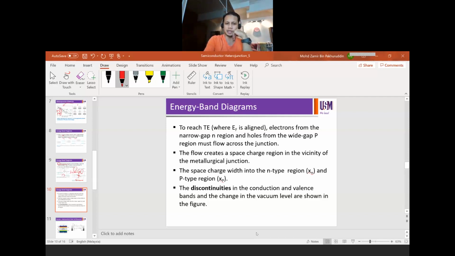Same as before, XN and XP: you will have a space charge region in the vicinity of the metallurgical junction, just like last time. On your N side, you're going to have positive charges. On your P side, you're going to have negative charges. Same thing, you're also going to have an electric field, just like the PN junction that we learned before.